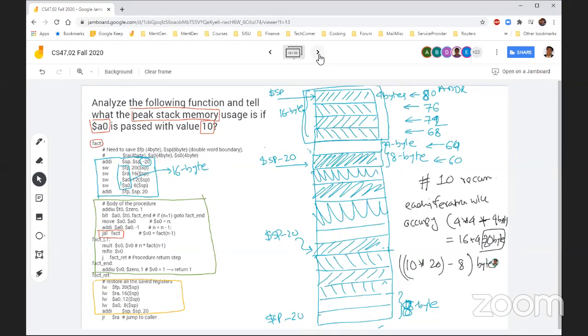So these are considered as the last frame when it is coming back from the recursion, the last base case. This part is considered as free space. You don't need to count them. So that's why it becomes about 200 minus 8, which is about 192 bytes.